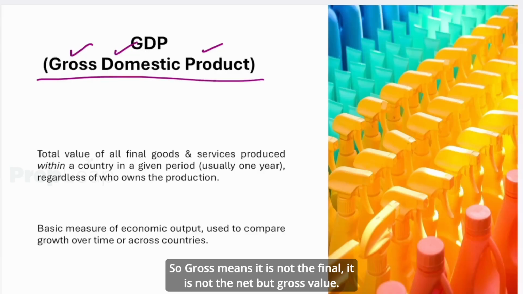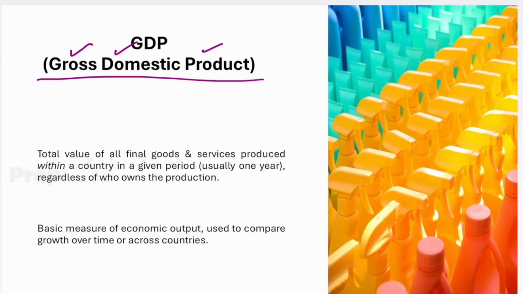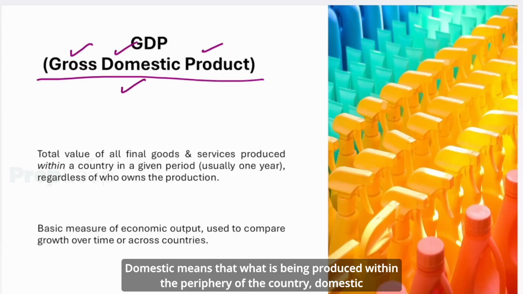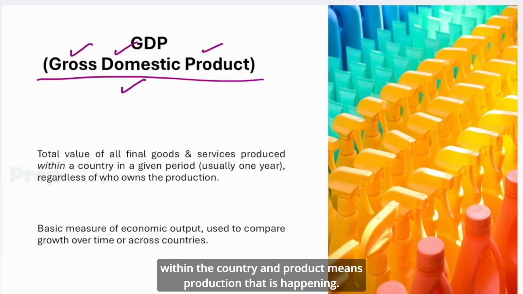Gross means it is not the net, but the gross value. Domestic means what is being produced within the periphery of the country. And product means the production that is happening.